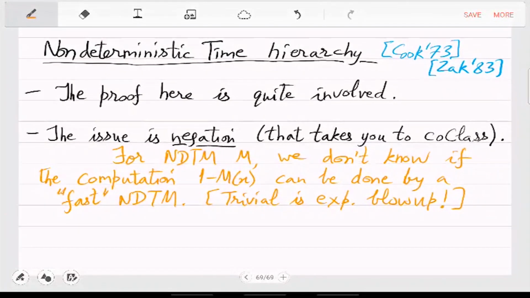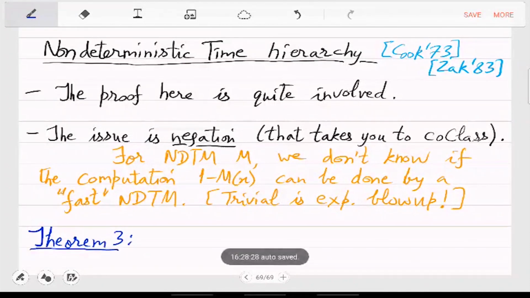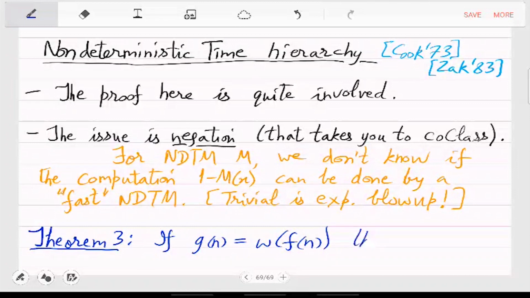So anyways, we have to give a more elaborate proof here, and fortunately we will be able to show that if G(n) is more than F(n), then NTIME(F(n)) is strictly smaller than NTIME(G(n)).